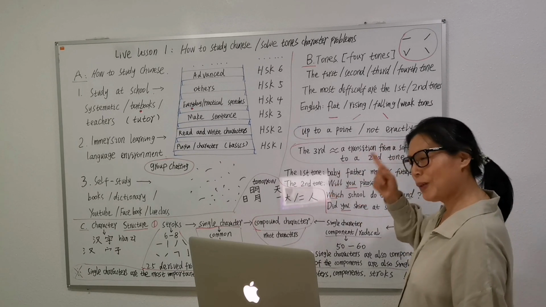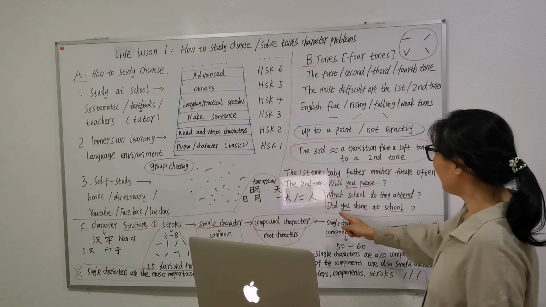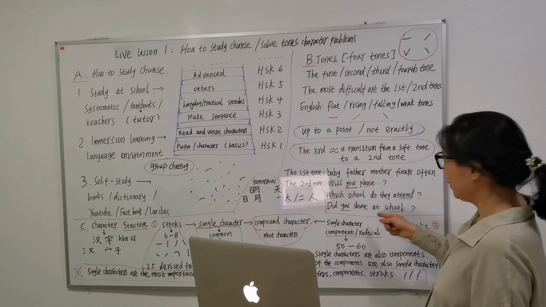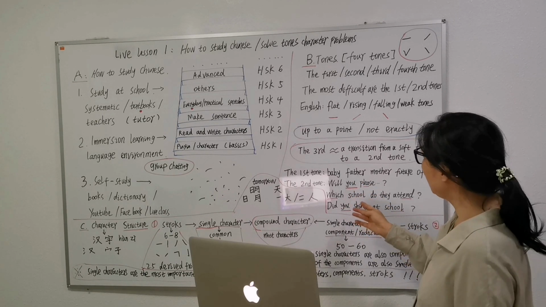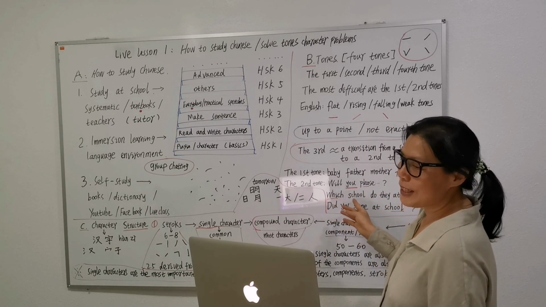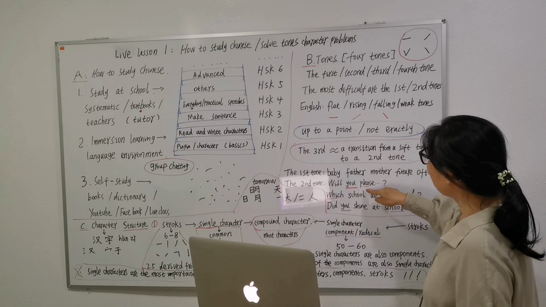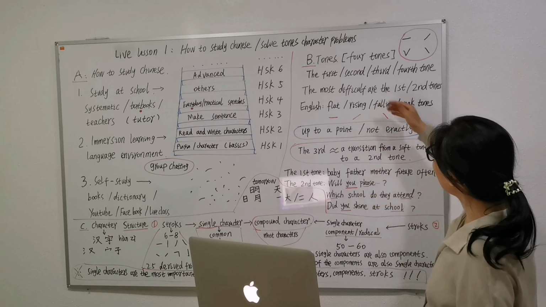Which, we, also the second tone. Now here, did you shine at school? You, the same. So you get the second tone in English questions. Just I pronounce the end of these questions in falling tone.